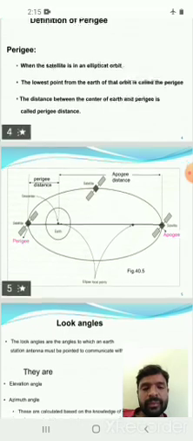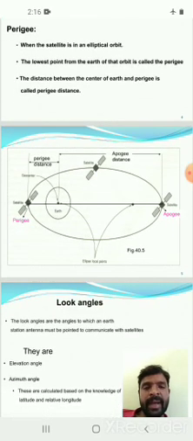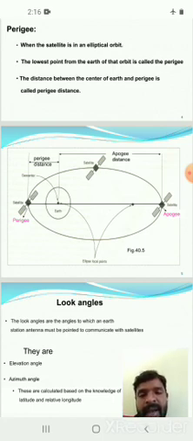So these are the apogee and perigee, apogee distance and perigee distance. Here the Earth is the center and on the left side is the smallest distance, or nearest point from Earth to satellite, called perigee, and the nearest distance from Earth center to the satellite point in the orbit is called perigee distance.